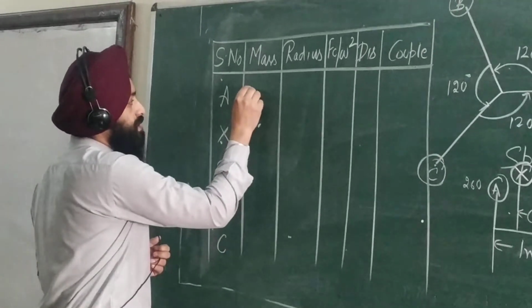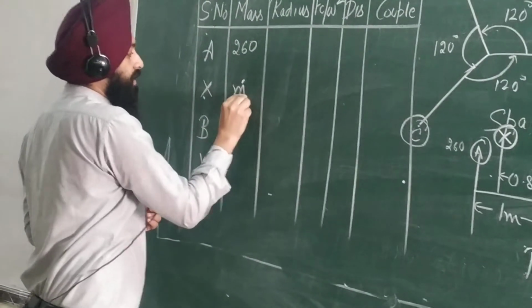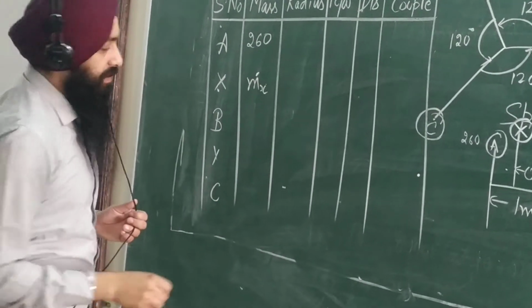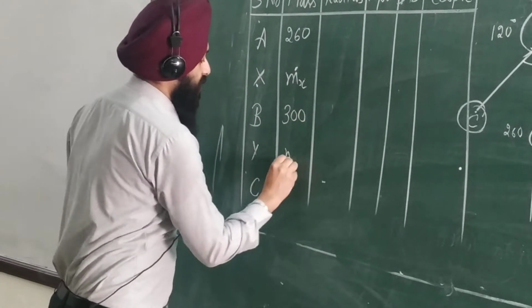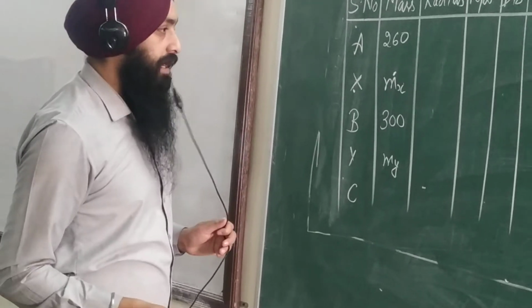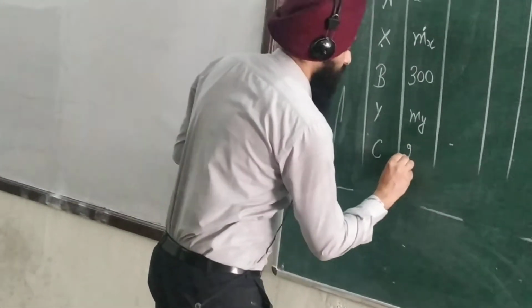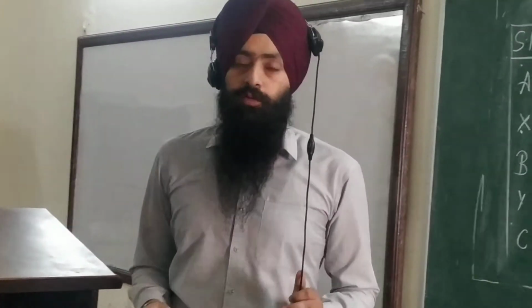Mass of A is 260 kg. Then X, it will be mx. Then B will be 300 kg. Then for Y we have to find the value of mass, it will be my, and the value of C is 260 kg. It is given in the numerical that we have to balance 40% of the masses.